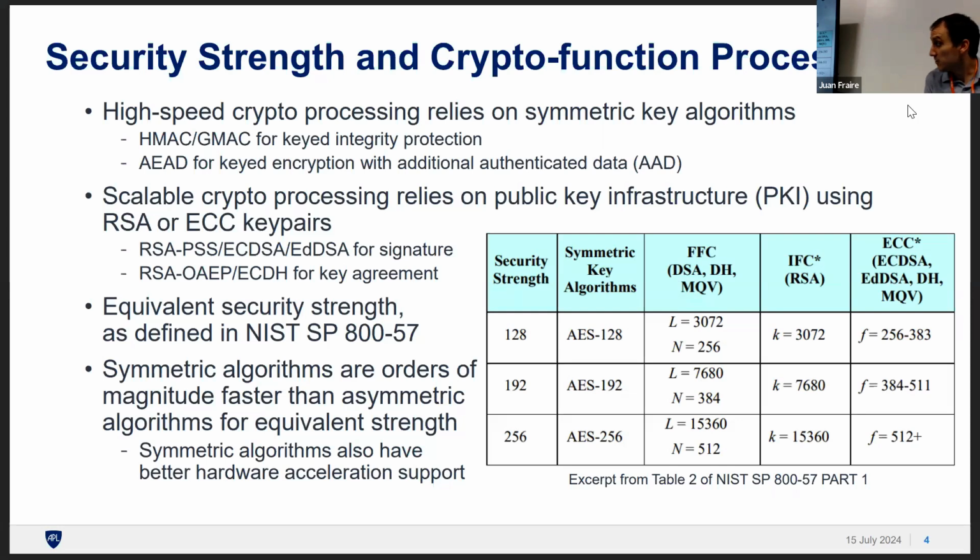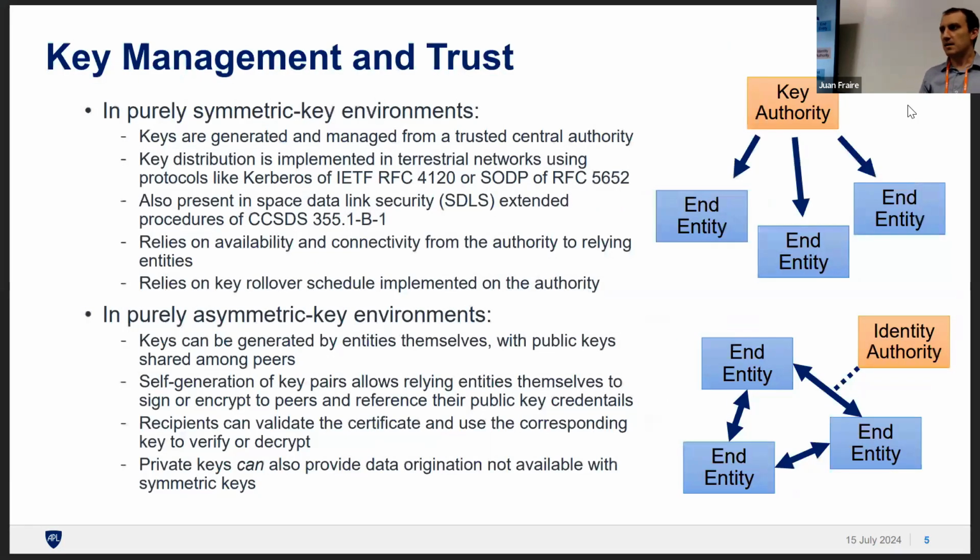And symmetric algorithms themselves have better support for hardware acceleration, making the disparity even higher. So this is a basis of, we want to use symmetric algorithms for their speed, but they have limitations and scalability issues at a large network scale.